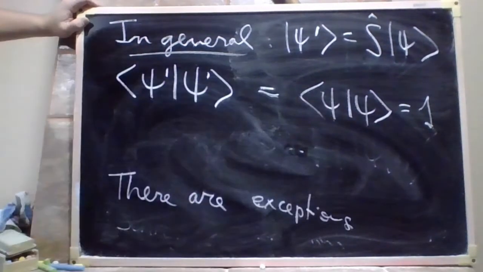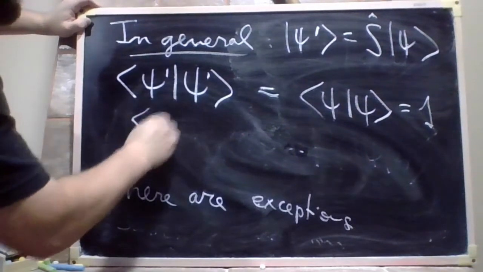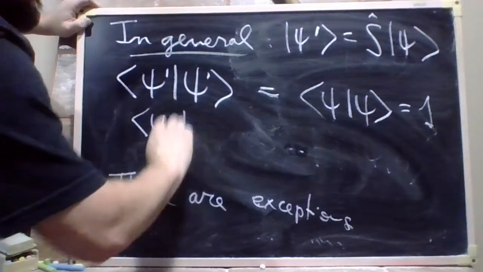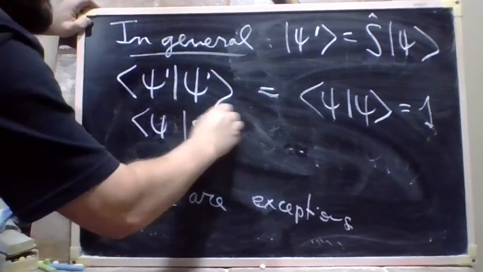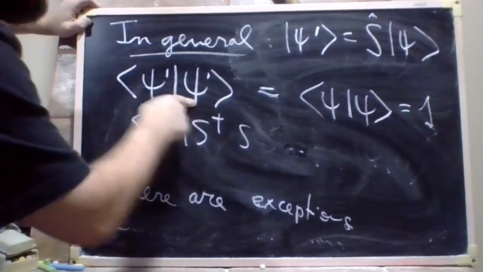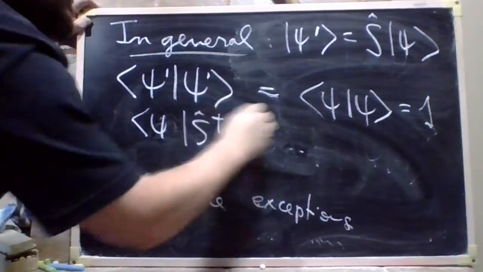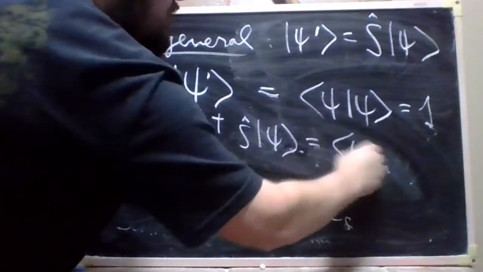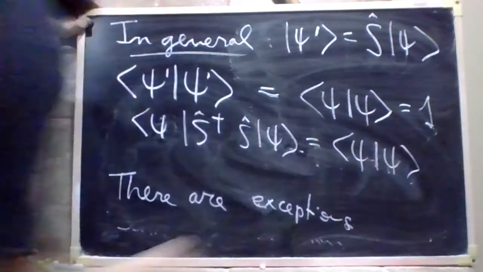This must be equal to that, and the transformed state psi prime is the operator S acting on psi, psi dagger S dagger, which is equal to the same thing here.